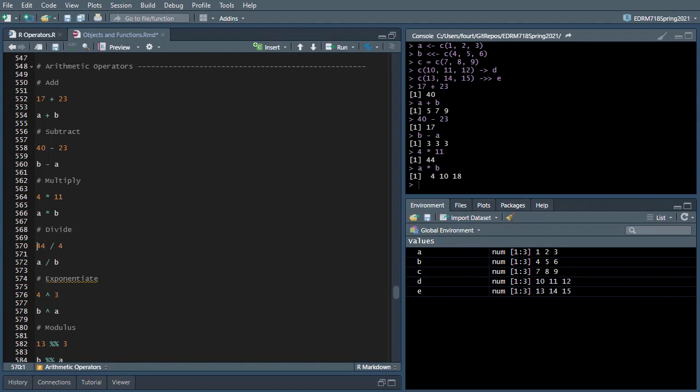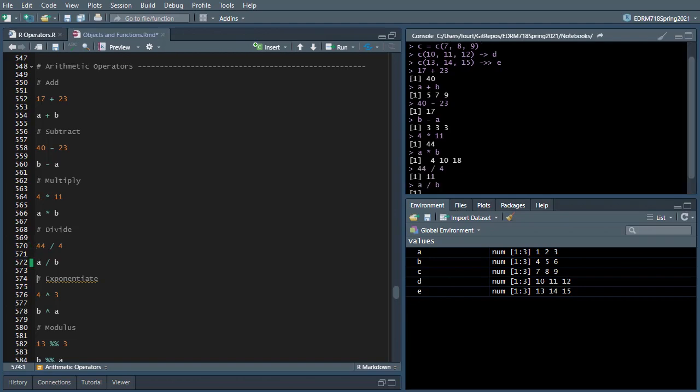You've guessed it, it works the same way for divide, where we use the slash, that's the uphill slash from left to right. 44 divided by 4 is 11. A divided by B, we'll take 1 divided by 4, 2 divided by 5, and 3 divided by 6. We can exponentiate.